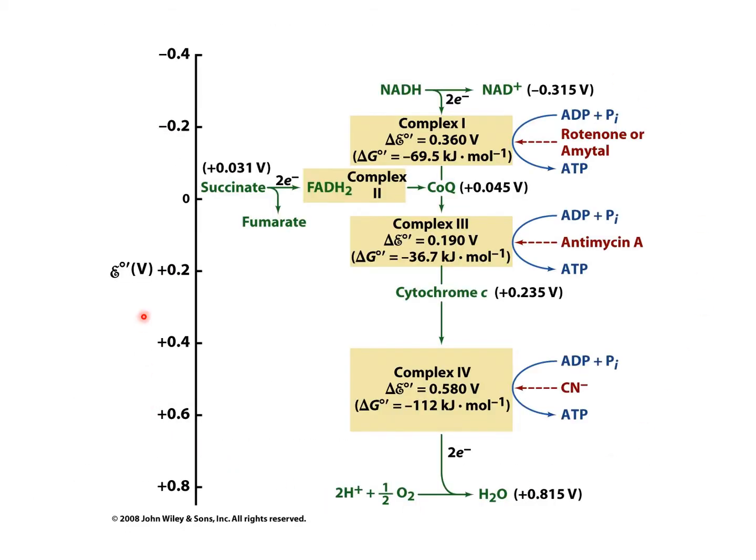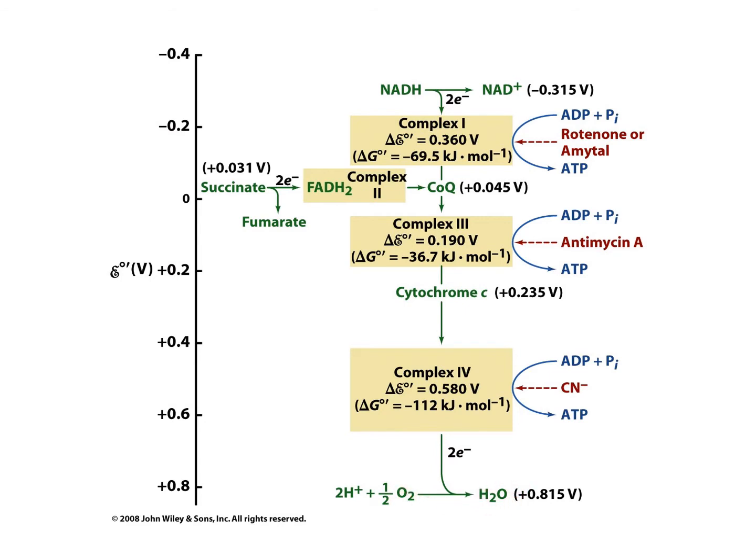This graph shows how electrons are moved in the electron transport chain. Starting from NADH, the electron is handed to the other components in the ETC, the electron transport chain, to the oxygen molecule to get it reduced to a water molecule here.